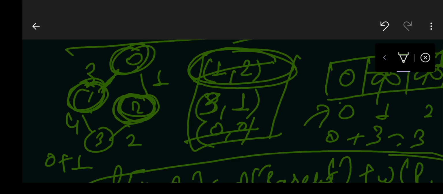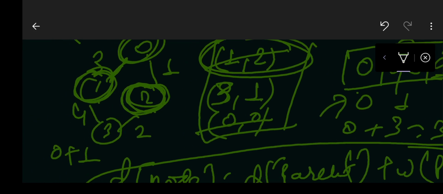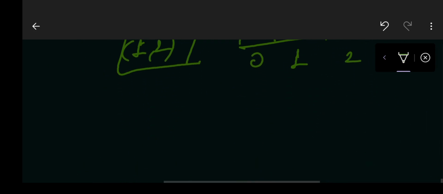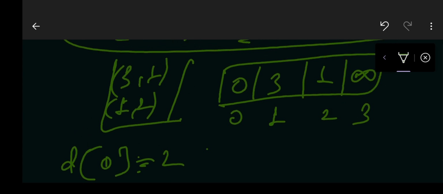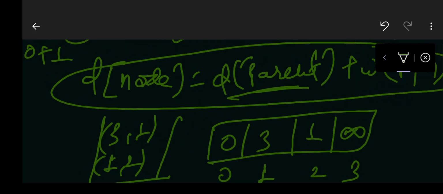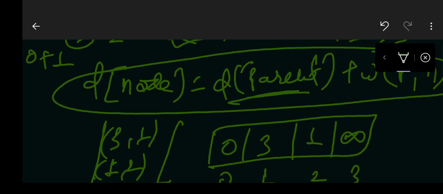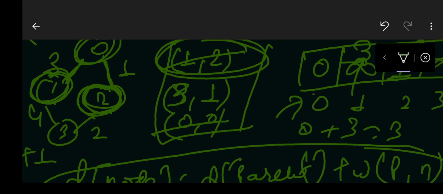So the parent is 2. The distance of parent is 1, we updated it, and then the weight is 1. So 1 plus 1 is 2. So the distance of 0 is 2. Is it better than the previous distance? The previous distance is 0. No. So we are not going to take it. Now the other child of 2 is 3, right? So we are going to take the distance of 3.